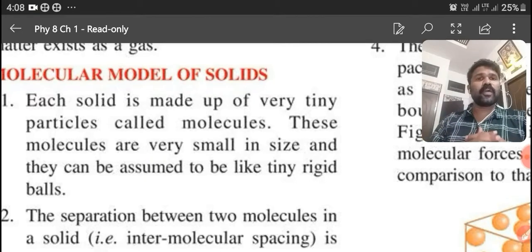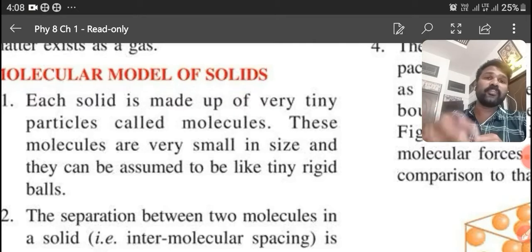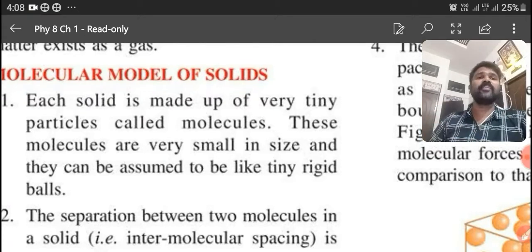We know that molecules are very small. We cannot see the molecules with the naked eye, and even with a microscope. These molecules are very small in size and they can be assumed to be like tiny rigid balls.